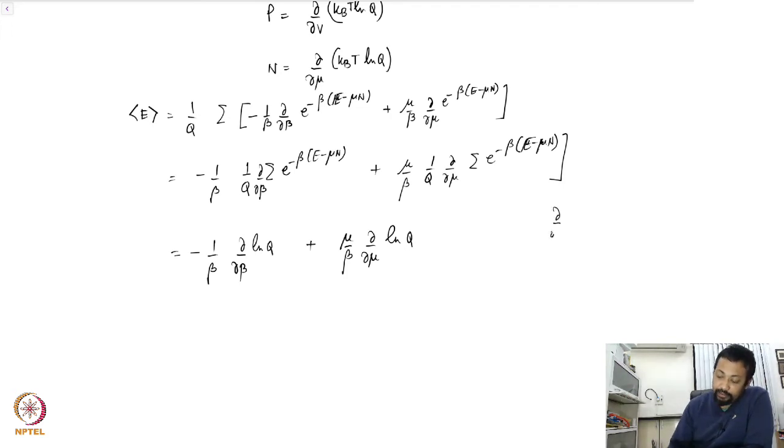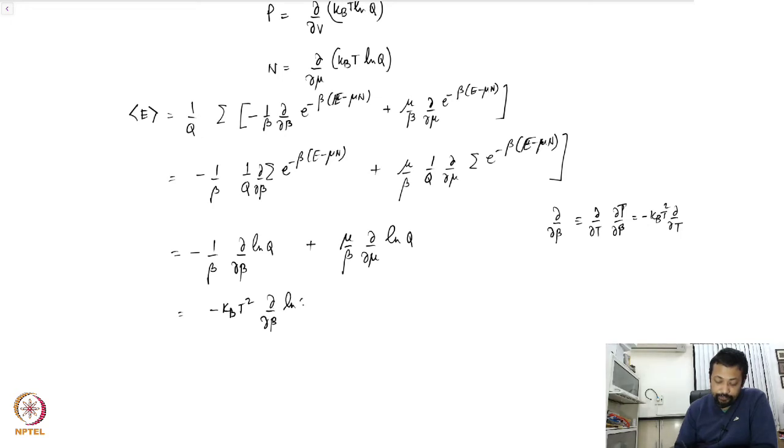But del del beta is identical to del T over del beta times del del T, which is minus kBT square del del T. So this becomes minus kBT square del del T of ln q plus mu over beta del del mu ln q.